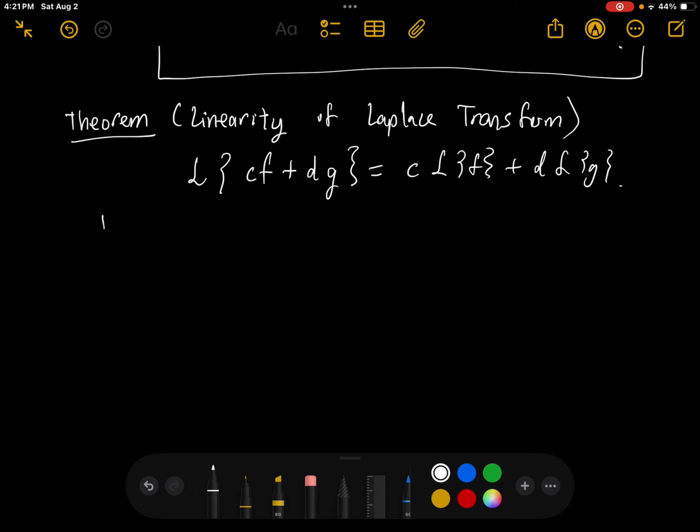And in general, if you have the Laplace transform of, it doesn't have to be just 2, it could be any finite number.